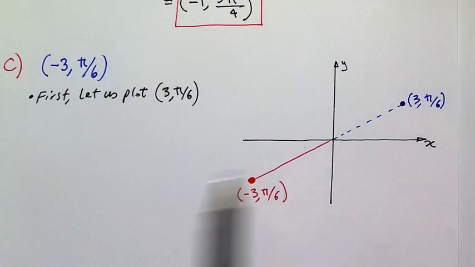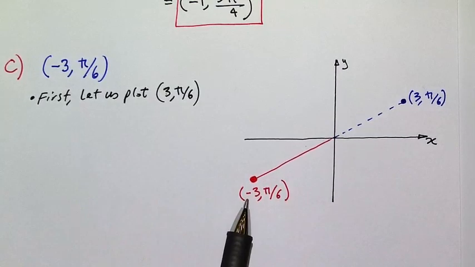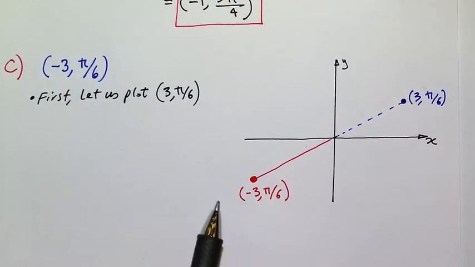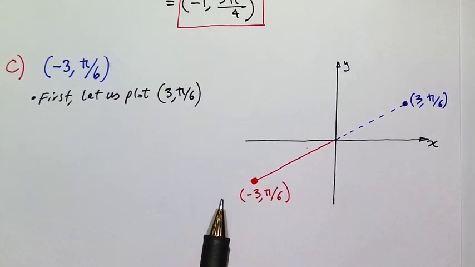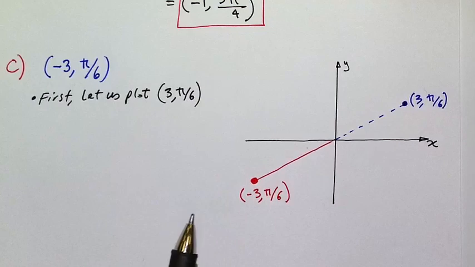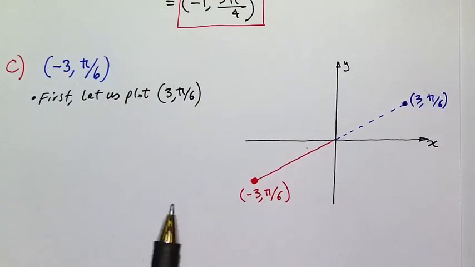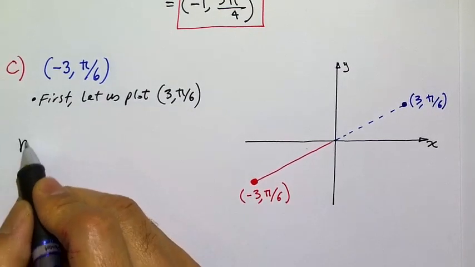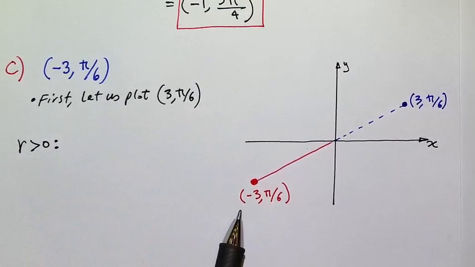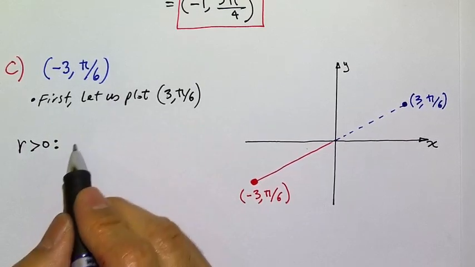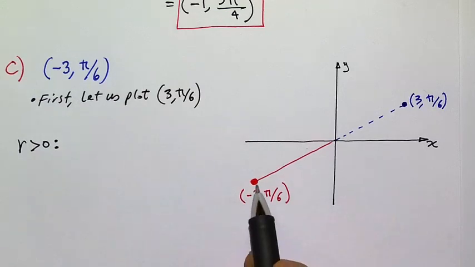So we can find the positive one first. So negative 3, if we are here. So for r greater than 0, right, so we have negative 3.